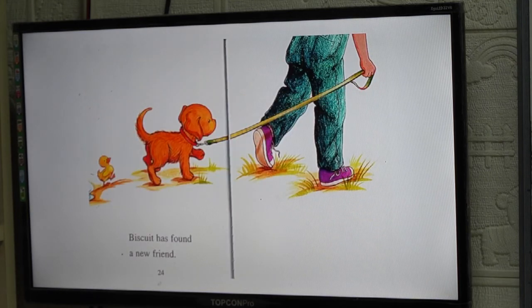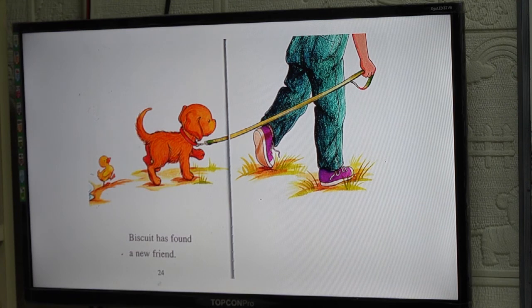Biscuit has found a new friend. What kind of friend did he find today? He found a new friend, which is a little duck. So when Biscuit finds a lost duckling, a duckling is a baby duck, okay? He helps the duckling find its way home.